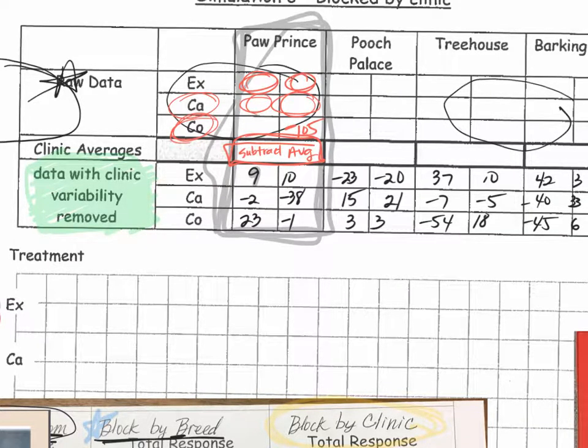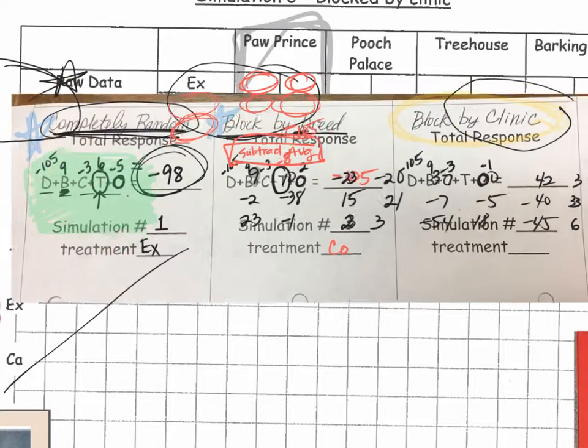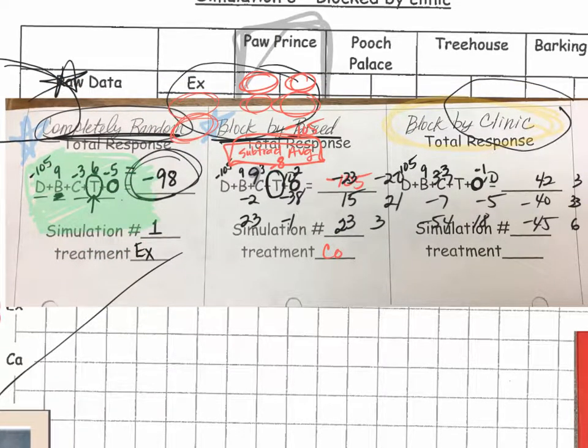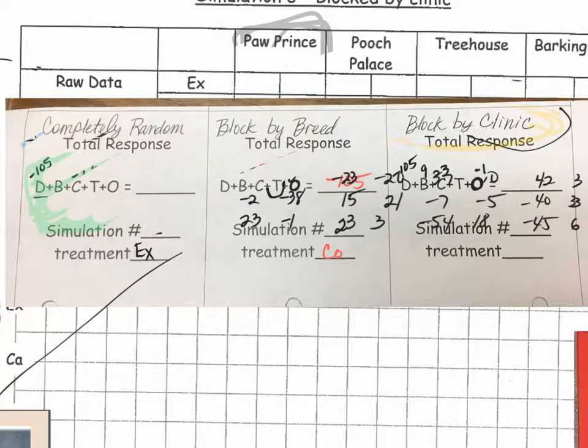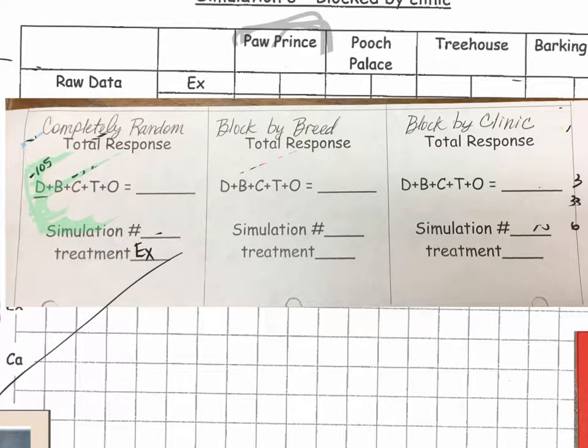All right, so in summary, we have done 3 different experiments. We did a completely randomized experiment. We did a block by breed experiment. And we did a block by clinic.